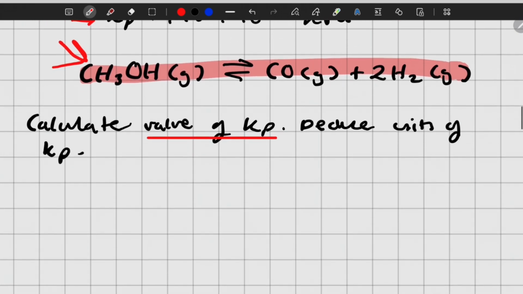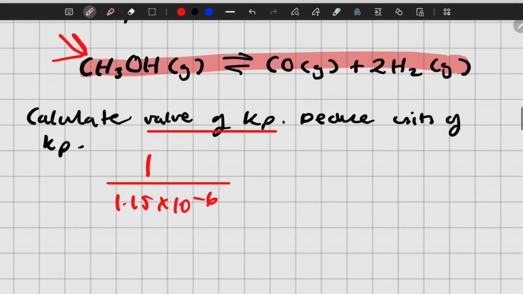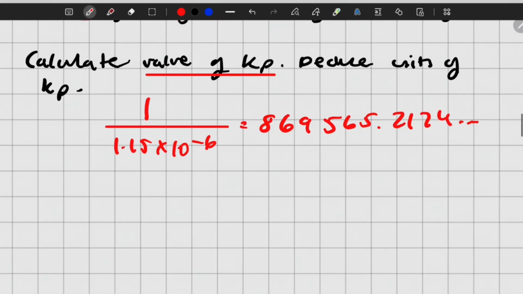So to calculate that, you do 1 over the value of Kp, which is 1 over 1.15 times 10 to the power of minus 6. That equals 869,565.2174... We want it in standard form to 3 significant figures, so it'll be 8.70 times 10 to the power of 5.